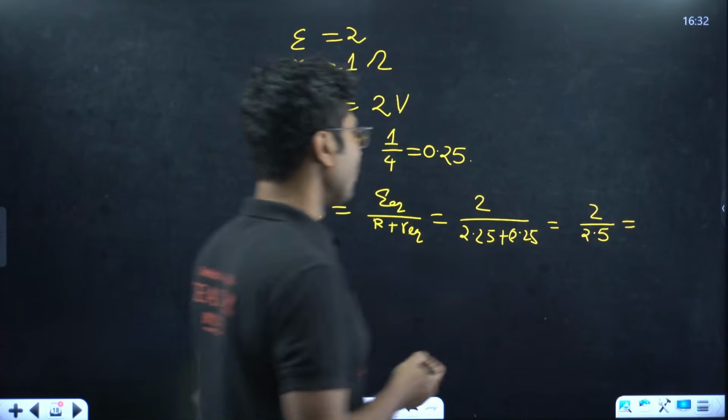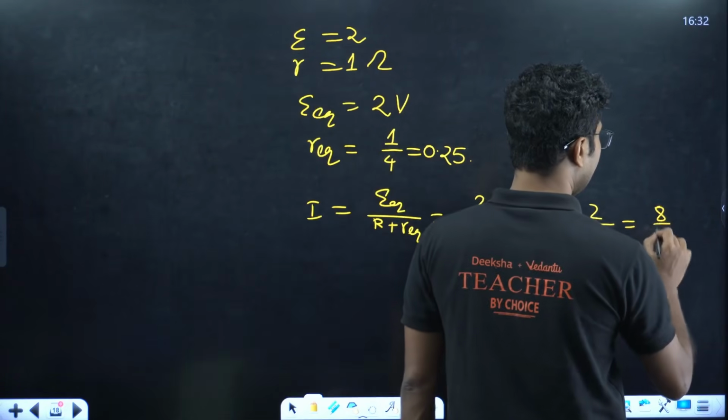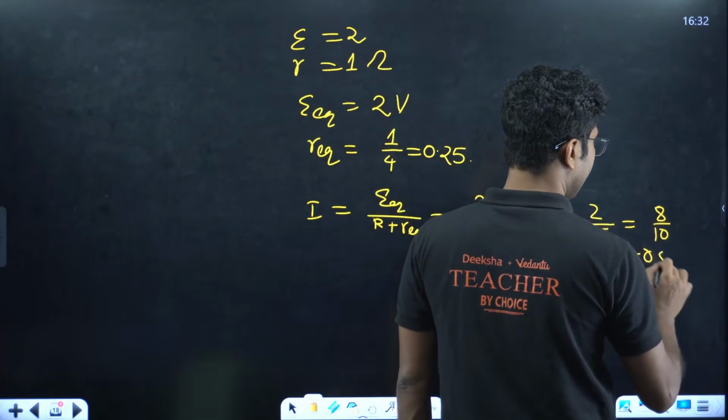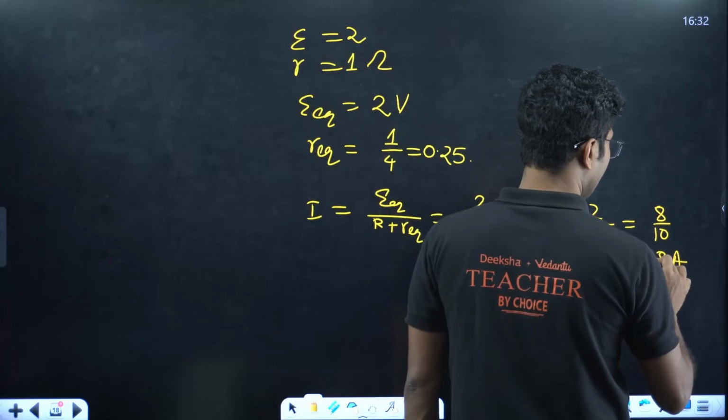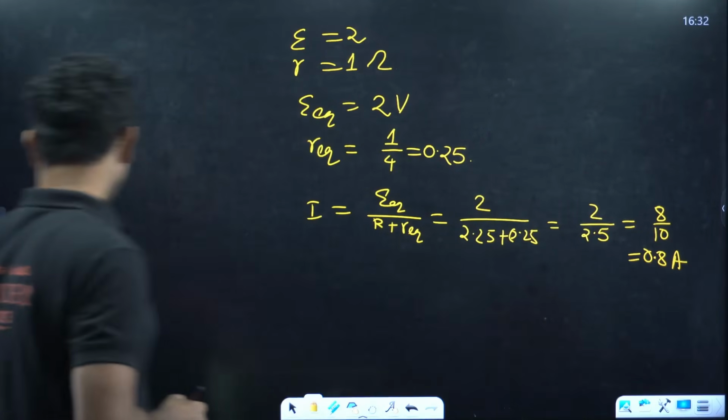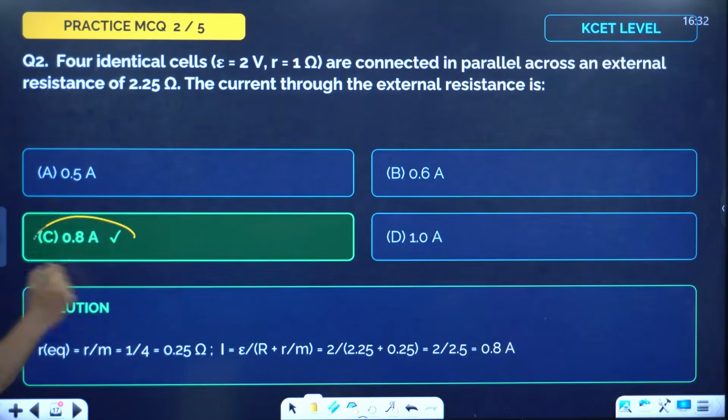Let's see, 8 by 10, that is 0.8 ampere. So if you see the answer, 0.8 ampere is the correct answer.